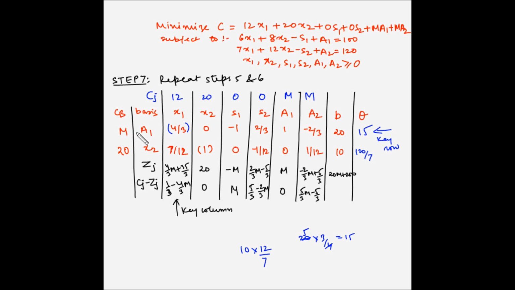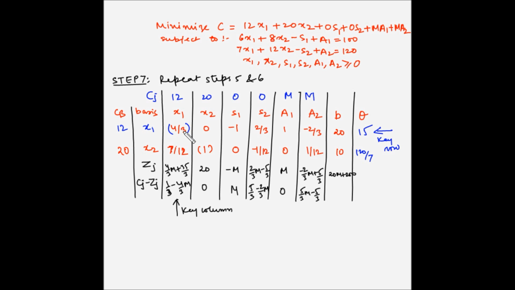So let's do that. So this will be x1 and the coefficient of x1 is 12, so this will be 12. Now we have to make this key element as 1. So we'll divide the key element by itself, that is 4 by 3, and also we'll divide the key row by the same element, which is 4 by 3.